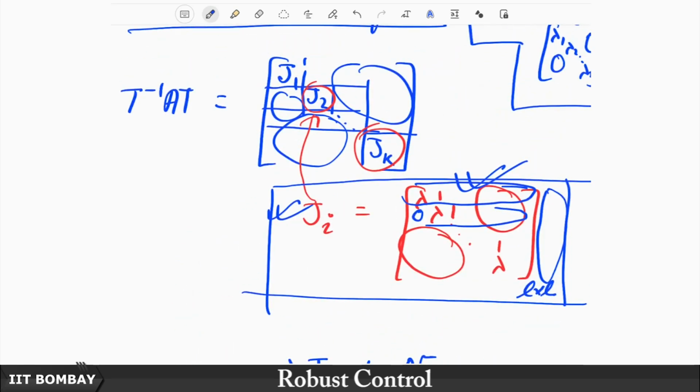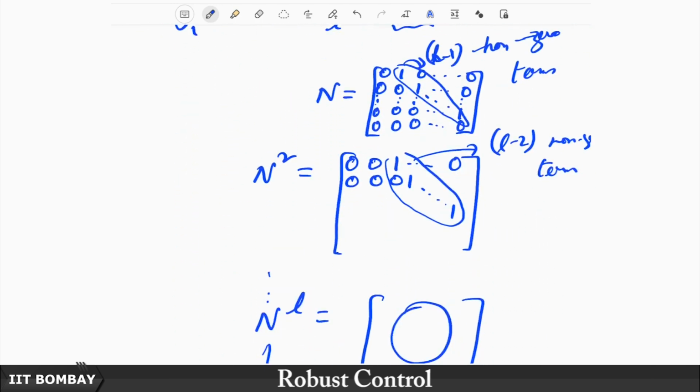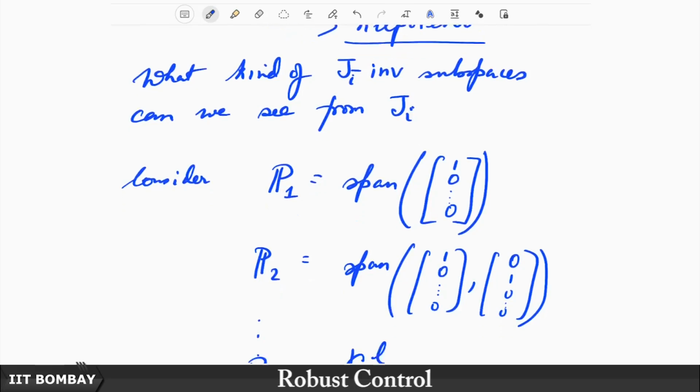You just have to look at the structure of this fellow. So this Ji reveals to you all its invariant subspaces in a very transparent manner. You see that from a block of size L cross L, you have all these L invariant subspaces. That is very straightforward and very apparent.